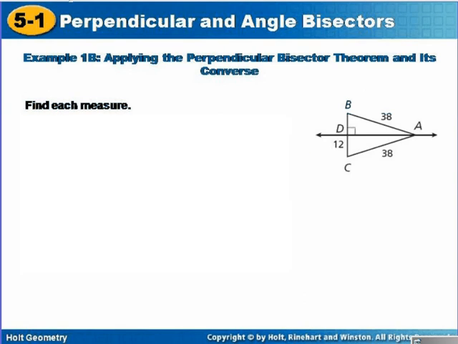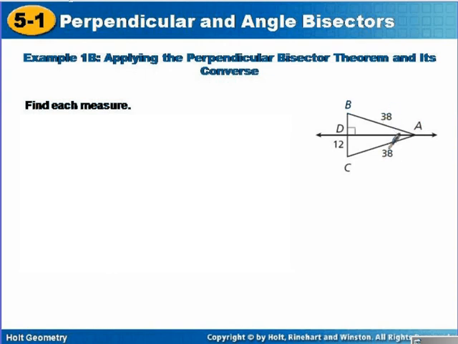Now let's find each measure here. So we have this line segment BC, and perpendicular to that is the line that goes DA. Perpendicular because of the right angle. Now from the endpoint B up to the point A on this perpendicular line is 38, which is the same as from this other endpoint C up to the same point A, 38.